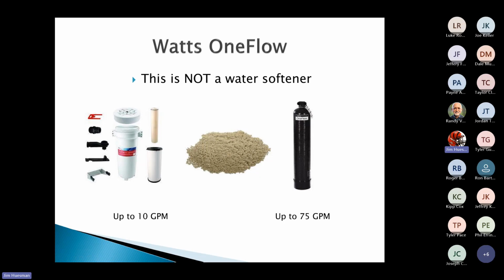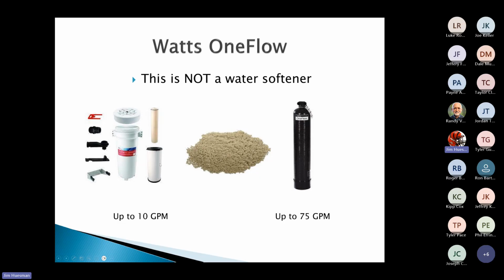Okay. But we look at it as, hey, wait a second, this can be used for more than just equipment. What if we use this for more of our drinking water? And that's where the One Flow Plus comes in, where this media is in this tank, and then we've added carbon filters.